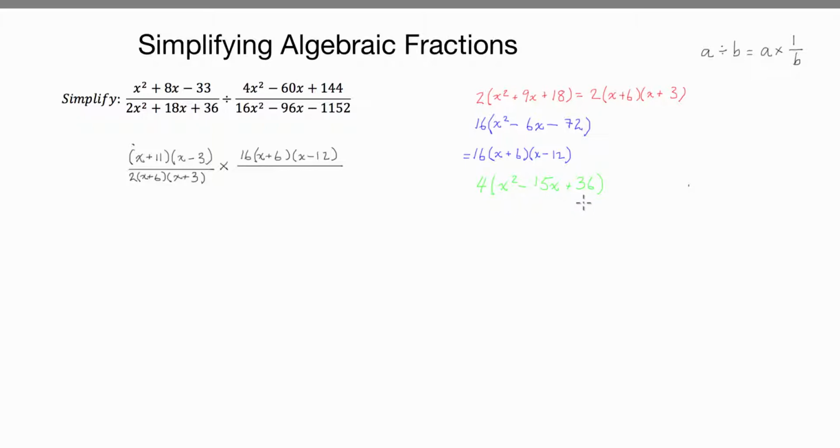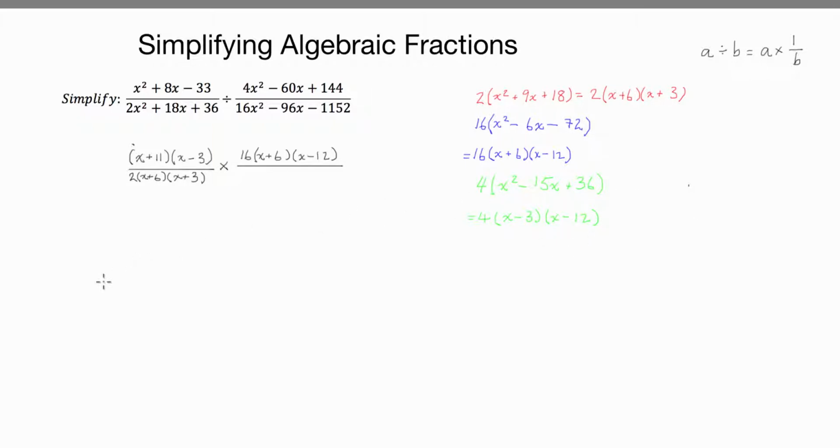So we're looking for two numbers that multiply together to give that. So it's going to be 3 and 12. Both negative. Great.